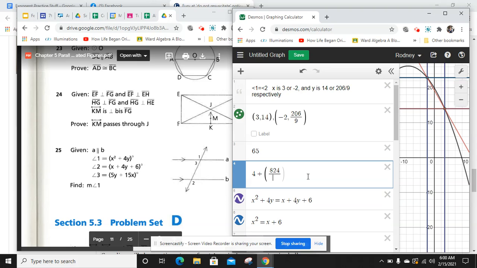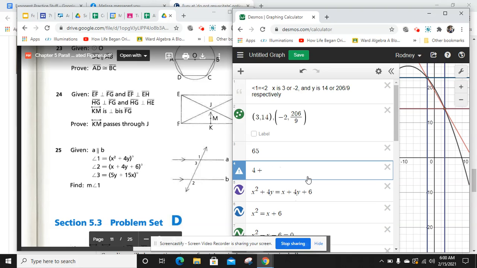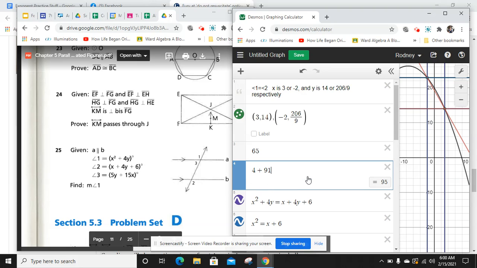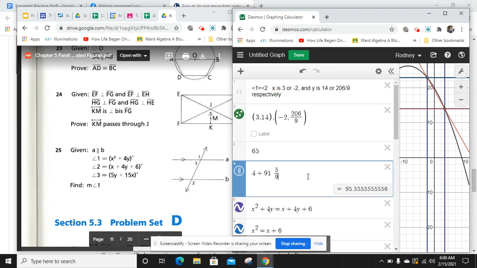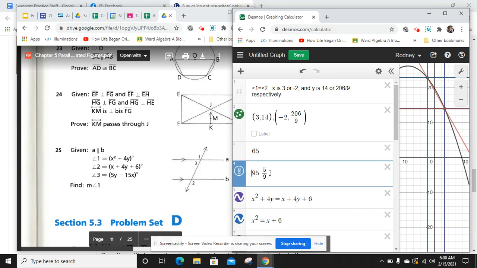So that's 91 and 5 over 9. And I get 95.5 repeating, and that is my answer. 95 is the whole number part. And those are my solutions, 95 and 5/9 degrees and 65 degrees. Those are the two solutions for angle 1 for this one.